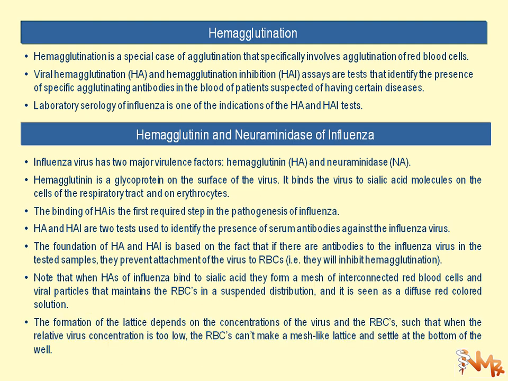The formation of the lattice depends on the concentration of the virus and the number of red blood cells in the sample, such that when the relative virus concentration is too low, the red blood cells cannot make a mesh-like lattice and they settle down at the bottom of the well.